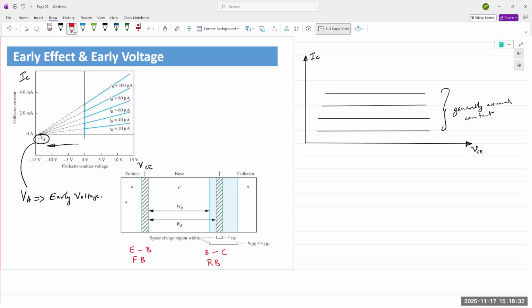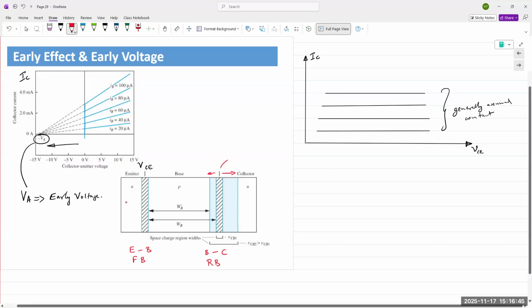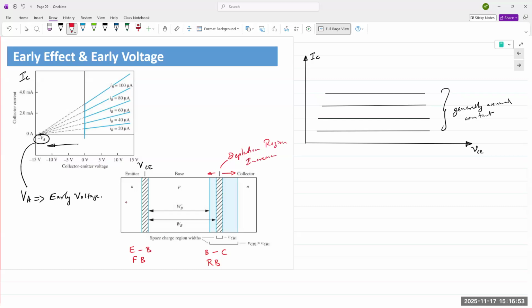The depletion region increases, in both directions, right? So it's now encroaching into the base as well as the collector.